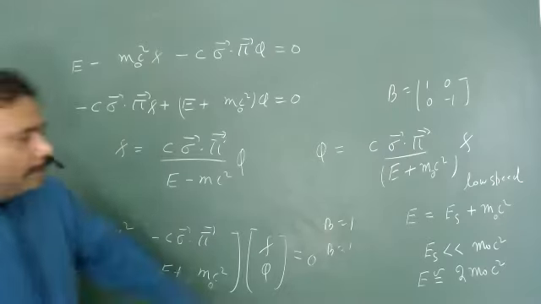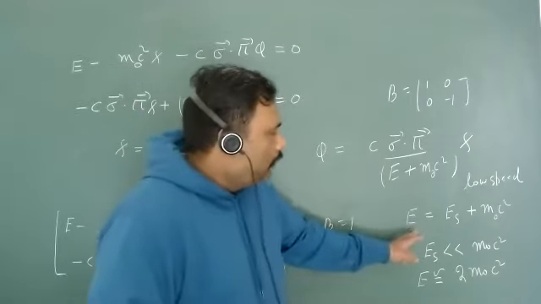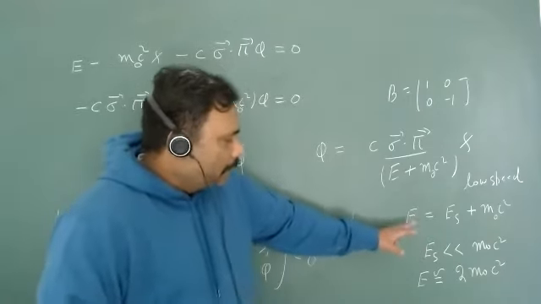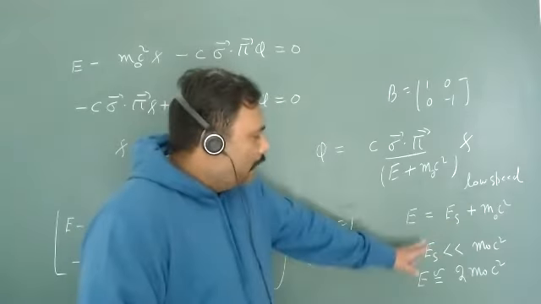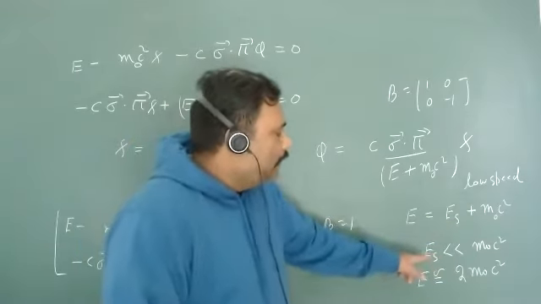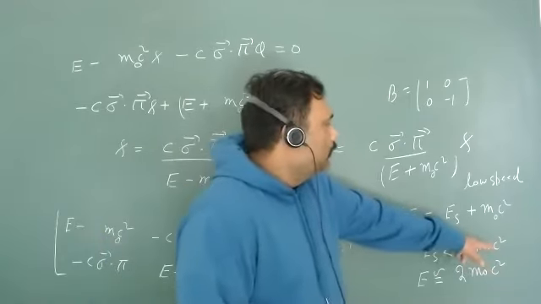Can you write it here? Because our assumption is that total energy is equal to kinetic energy plus rest mass energy, and this kinetic energy is very less with respect to rest mass energy.